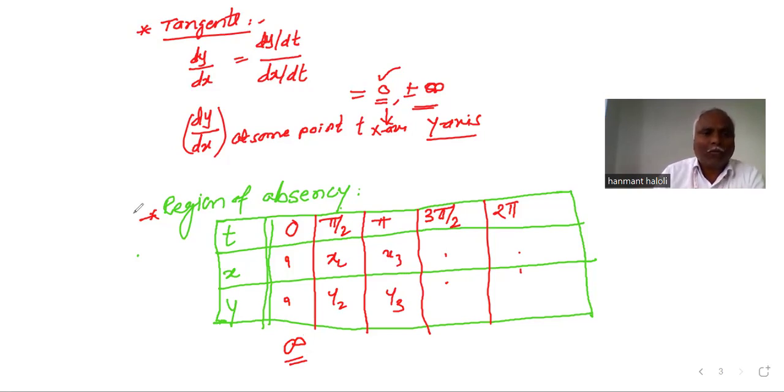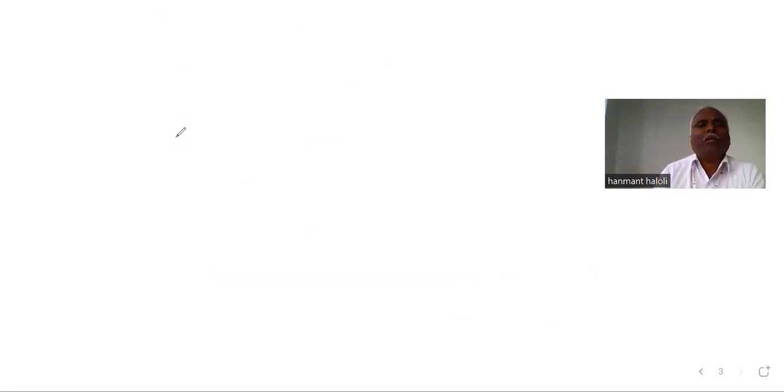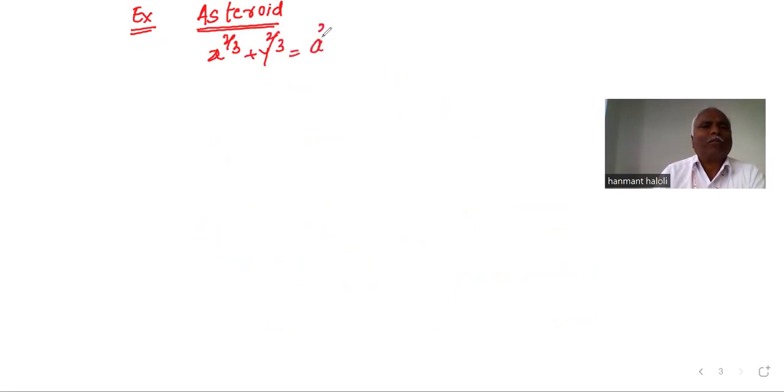Now we will go for the next one, examples of how to trace the curve. Assume that I'll take one example, the asteroid. Asteroid curve equation is x raised to 2 by 3 plus y raised to 2 by 3 is equal to a raised to 2 by 3.